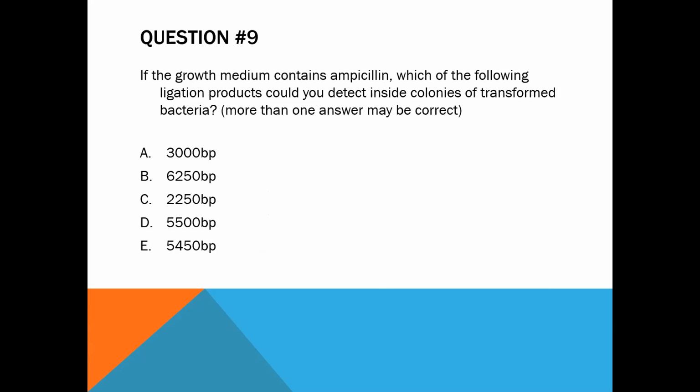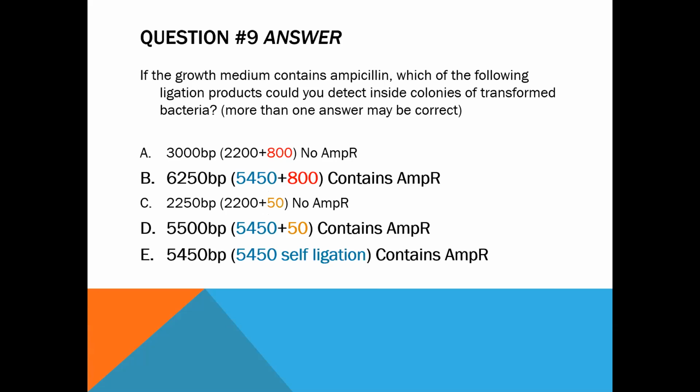And if, again, just like before, if you use growth media containing ampicillin, which ones would you be able to detect? More than one answer could be possible. And so we can rule out A and C because they're using the 2200 base pair backbone that doesn't have ampicillin resistance. But you now have three options for possibilities.